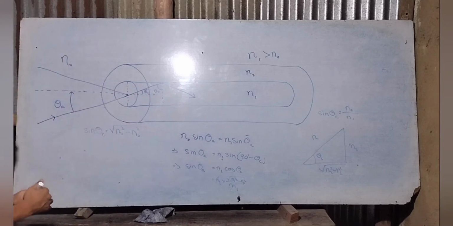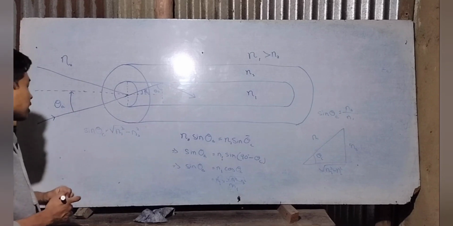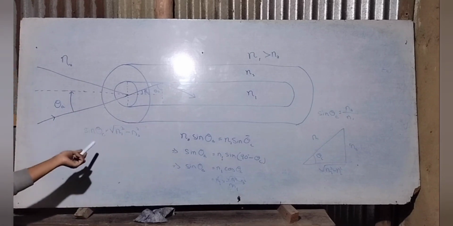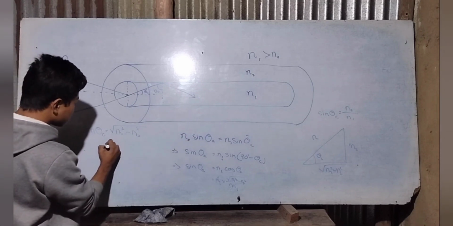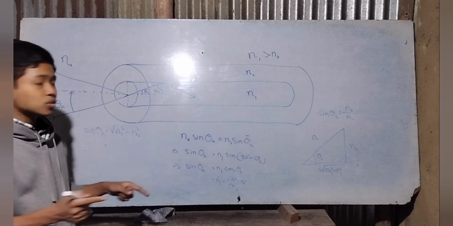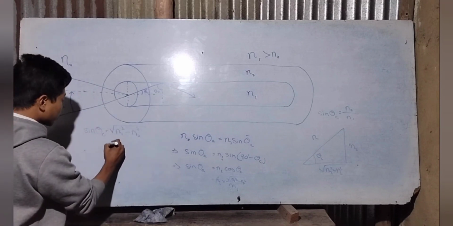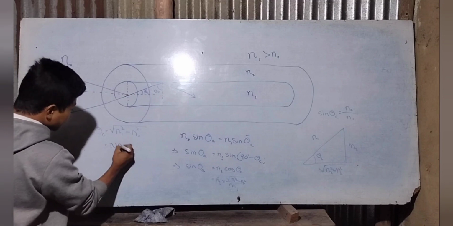So we have the sine of the acceptance angle equal to root over n1 square minus n2 square, and we also call it the numerical aperture. So this root over n1 square minus n2 square is also known as the numerical aperture.